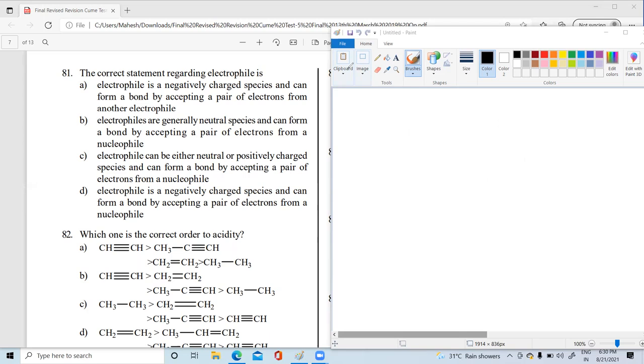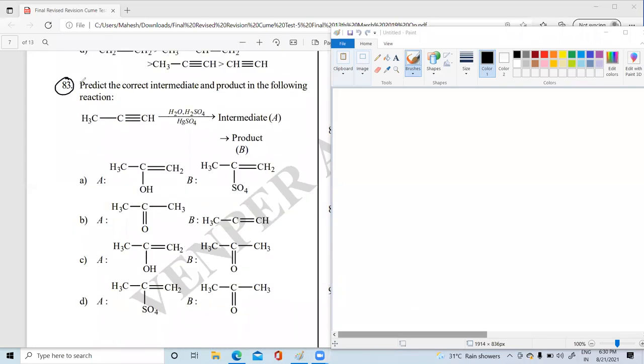Next question, number 83. In question 83, predict the correct intermediate and product in the following reaction.